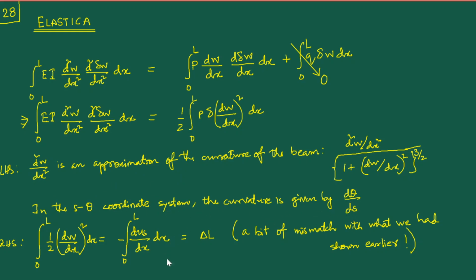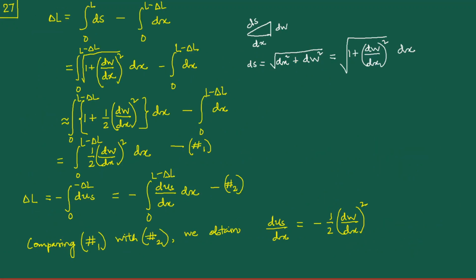On the right hand side, whatever geometrical arguments we are talking about, ultimately we should be able to write this thing in some form involving the S and theta. So how can we do that? We have already done the work regarding that. So let me just go back and show you.